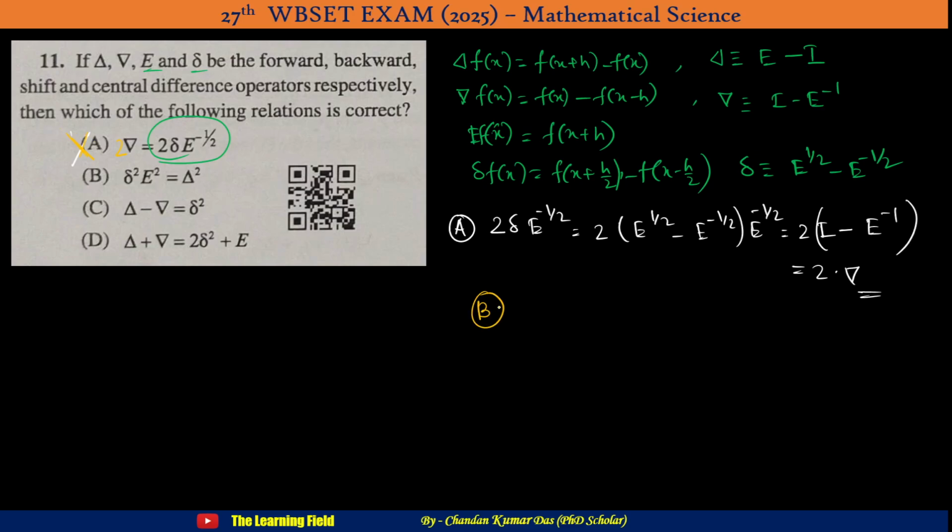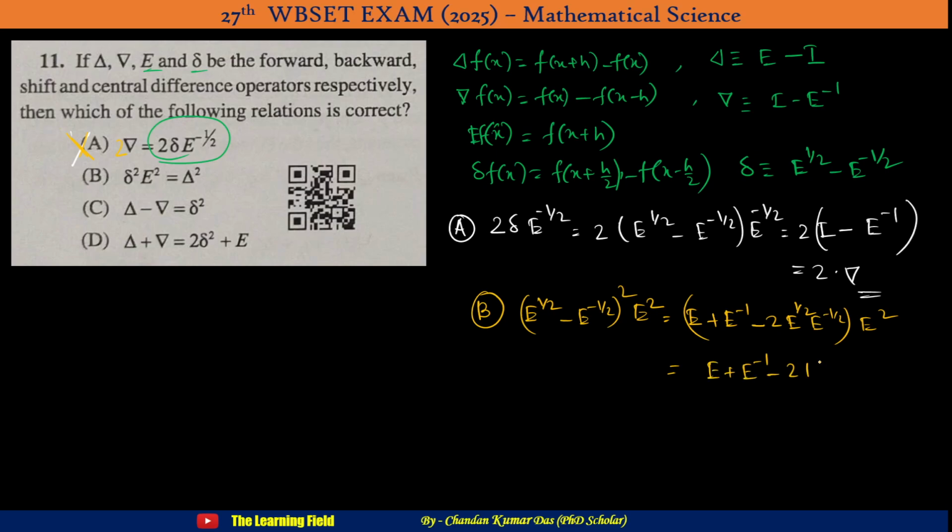Option B. Delta square E square equal to delta square. So delta square means (E to the power half minus E to the power minus half) whole square into E square. We calculate this first. This is E plus E inverse minus 2 E to the power half into E to the power minus half, into E square. This is actually E plus E inverse minus 2I, where I is the identity operator, into E square.